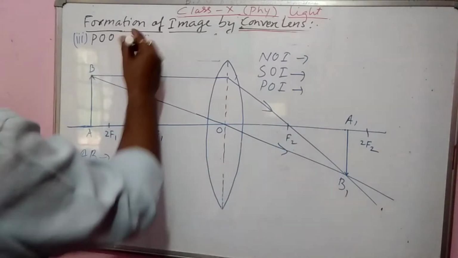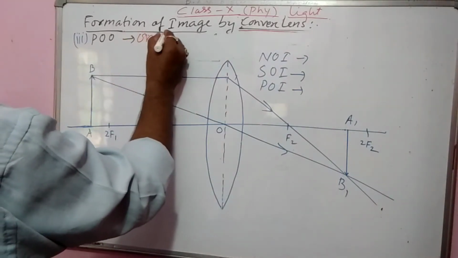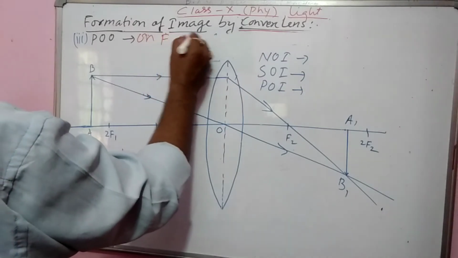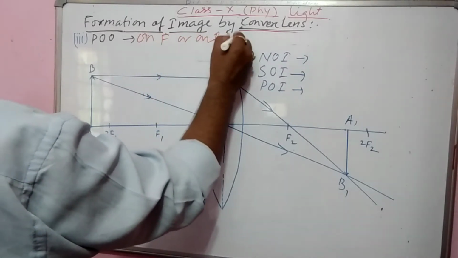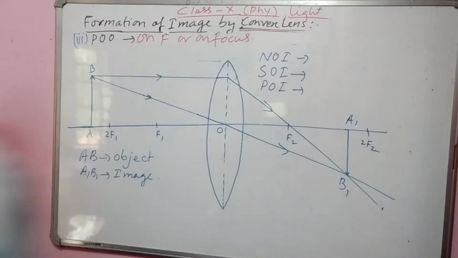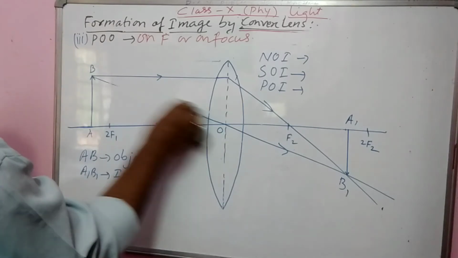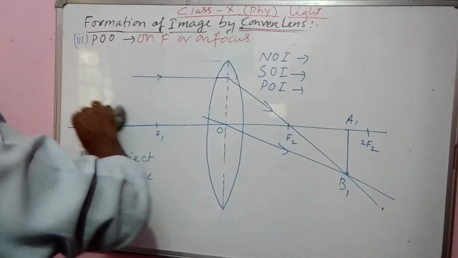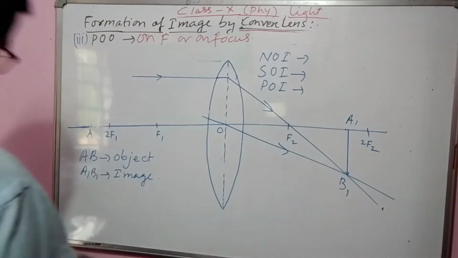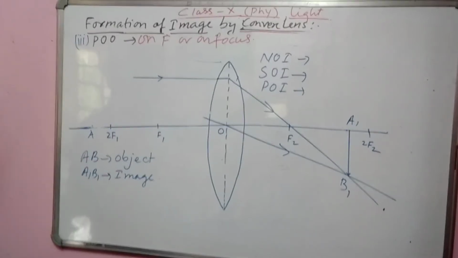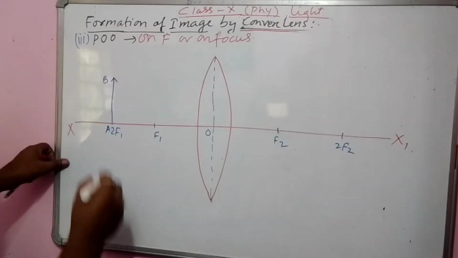Now the object is on F, or on focus. If the object is placed on focus, what will happen? Here we have to eliminate this line. So this is the situation.